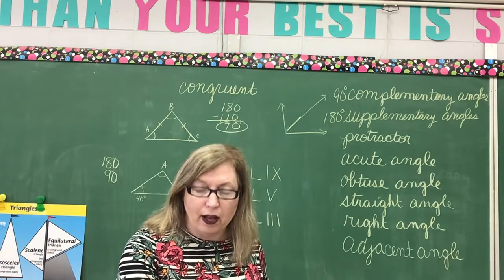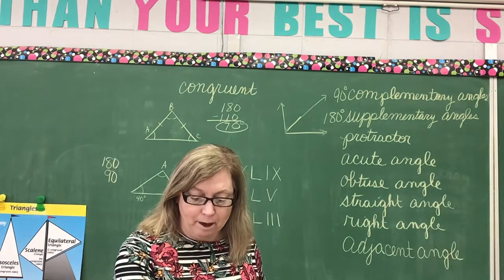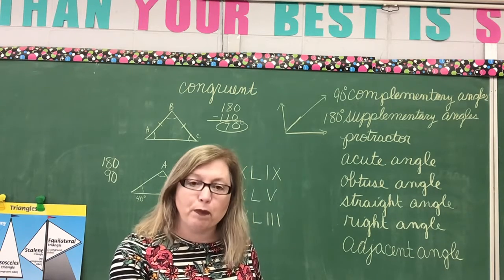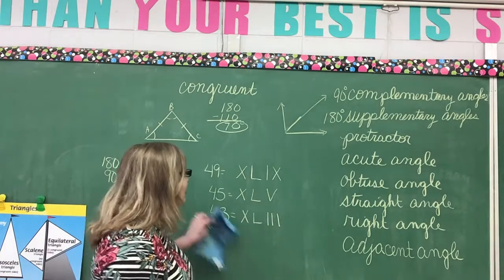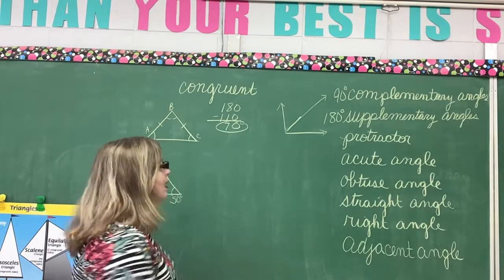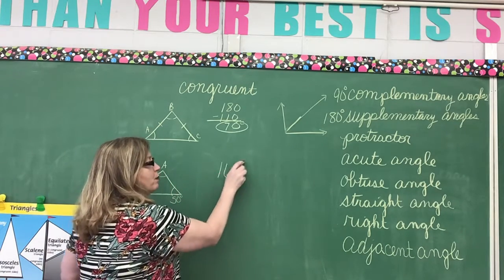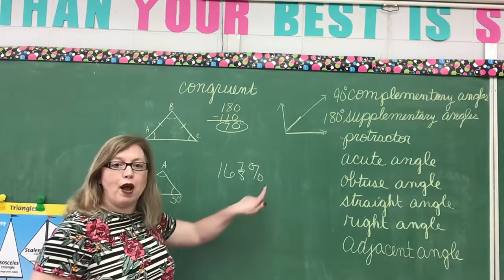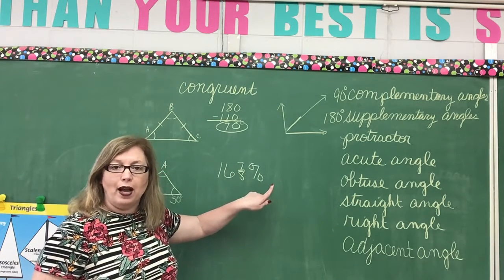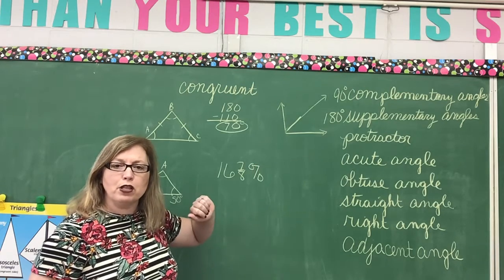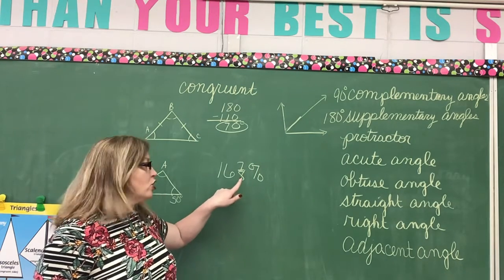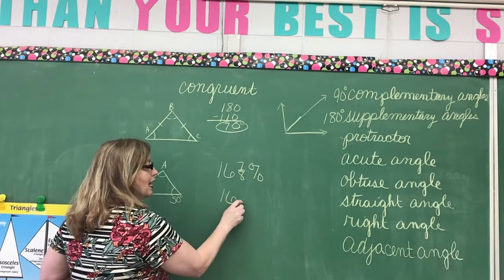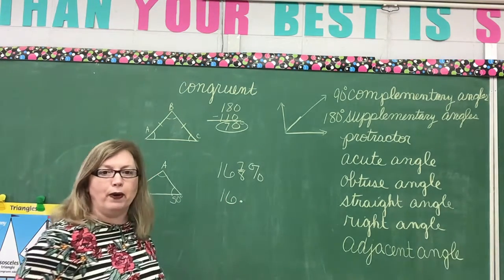Number 11A. You have 16 and 7/8%. Okay? The first thing we know we're going to do is drop this percent sign and do what? You know what? Let's do this this way. Let's change our fraction first. So we're going to make it 16 because that's the whole number. So put your decimal point.